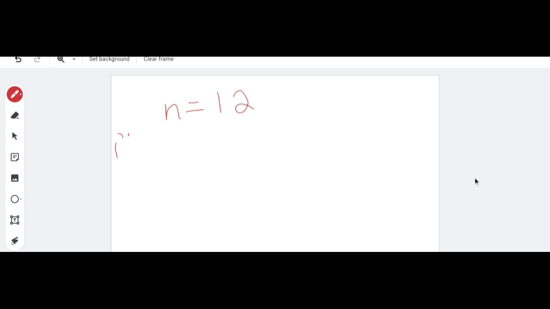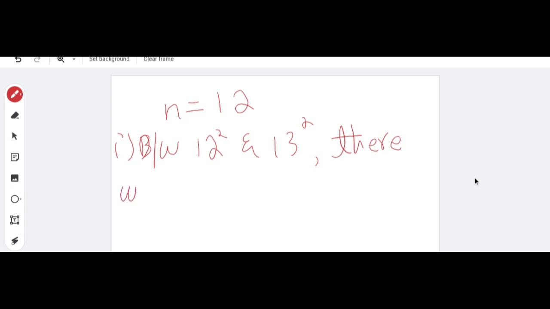So the first part, between 12 square and 13 square, there will be 2 multiplied by 12 is equal to 24 numbers. We have to find how many numbers are between them.